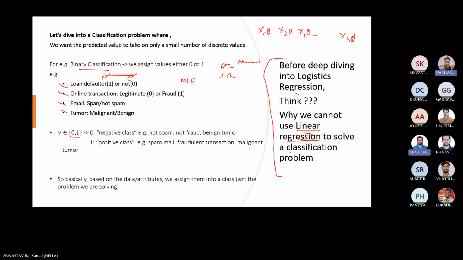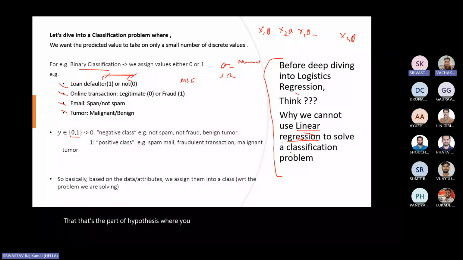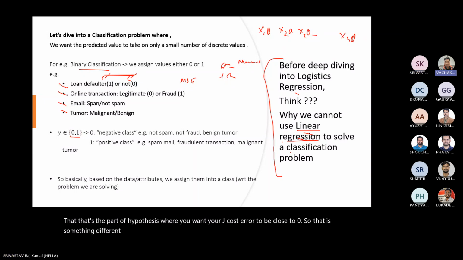That's the part of the hypothesis where you want your cost J to be close to 0. So that is something different with classes 0 and 1, right?